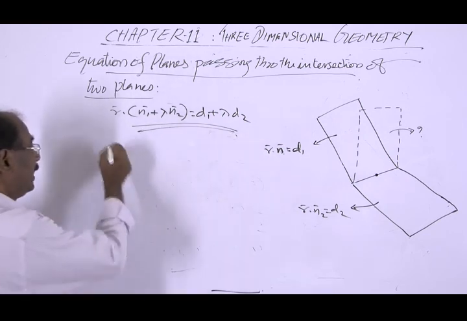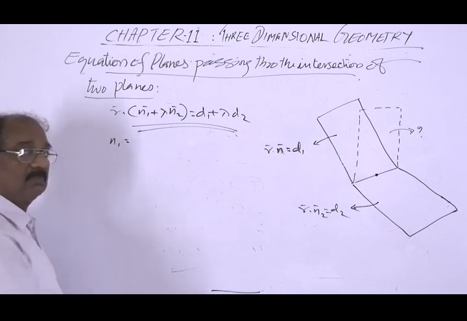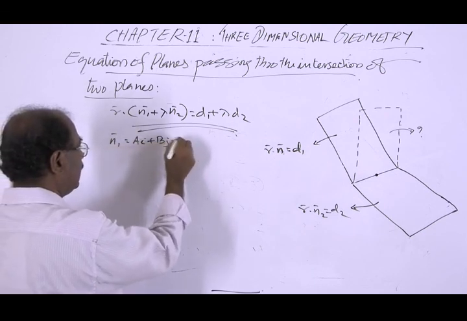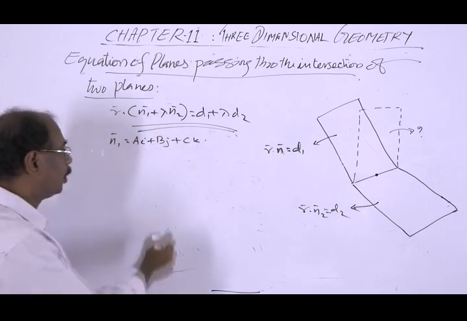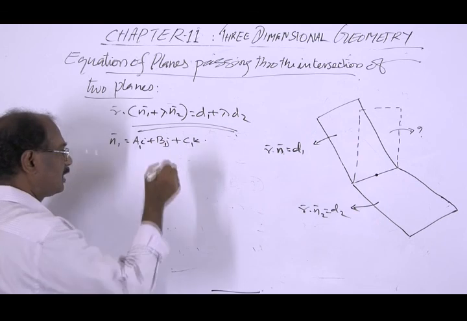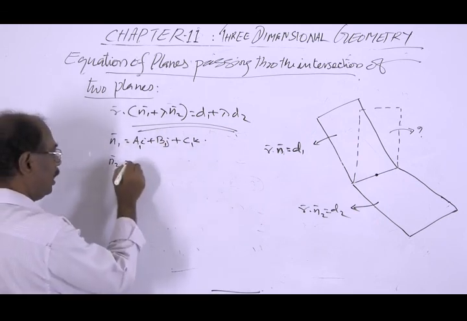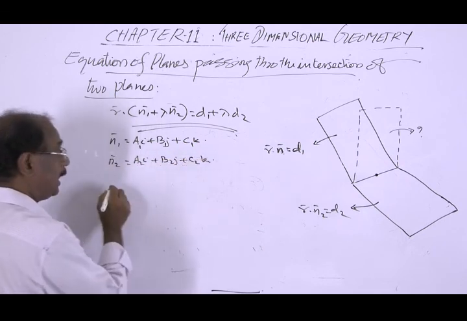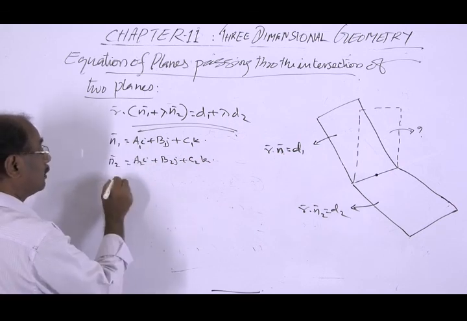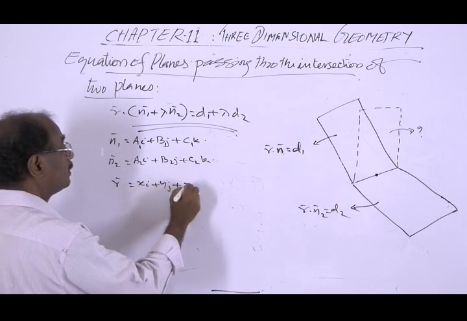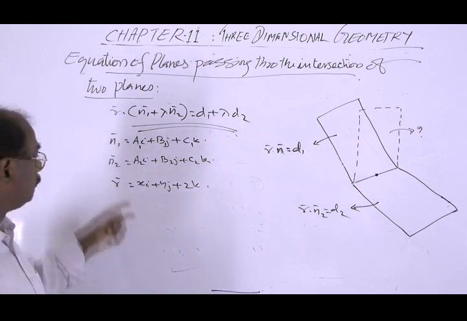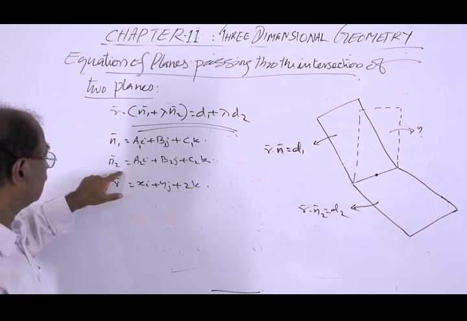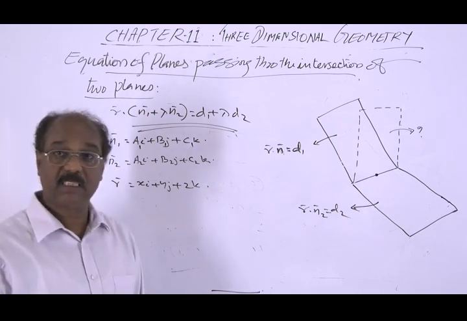Now take n1 as a1 i plus b1 j plus c1 k, and n2 as a2 i plus b2 j plus c2 k, and r as x i plus y j plus z k. These three vectors are in the Cartesian form.